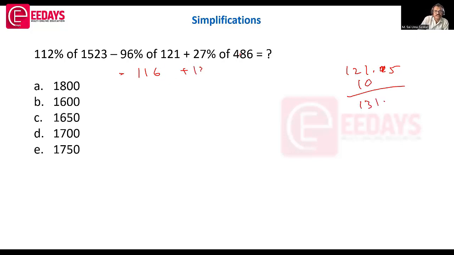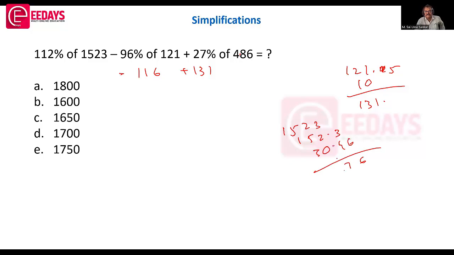So let's take 131. And come to this case, this is 1523 and next 152.3, and next this is equal to 2%. Okay, 2% means 3046, 30.46.